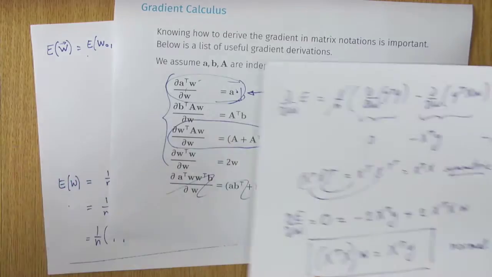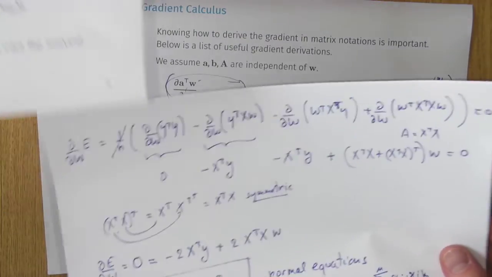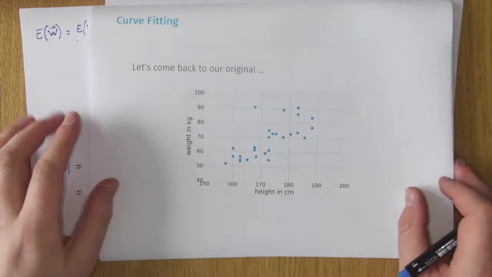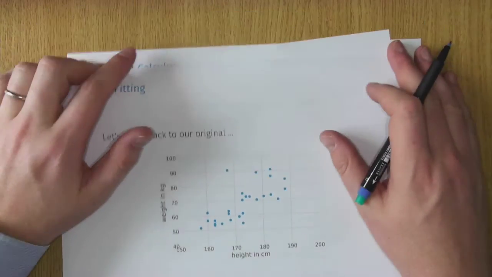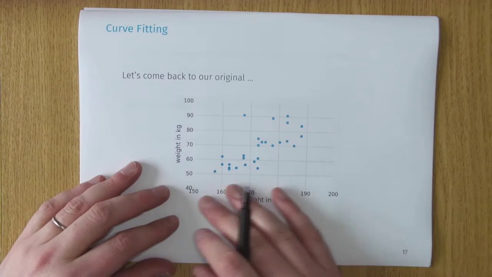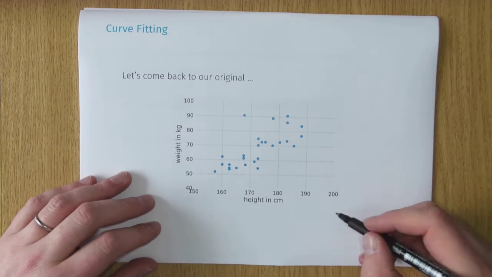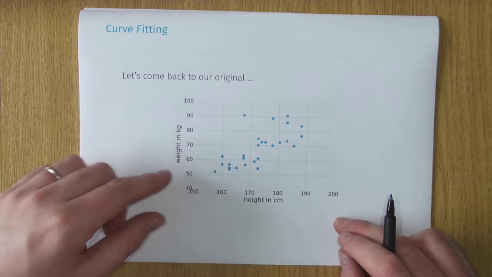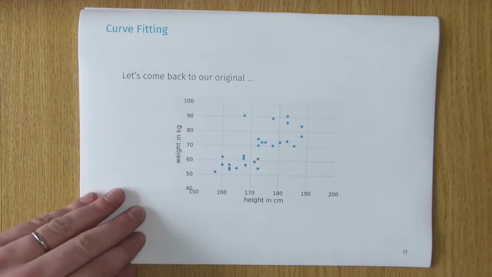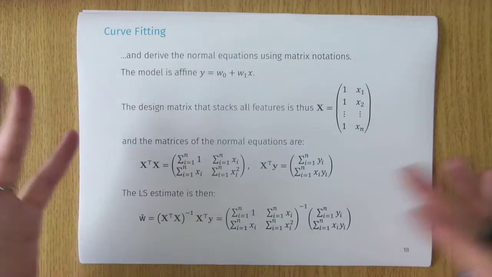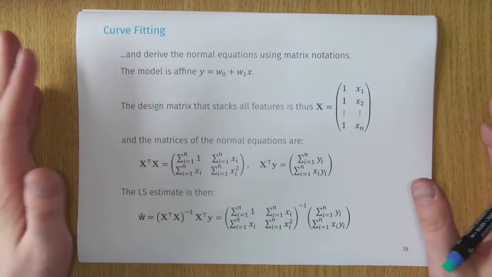Let's have a look now. Let's come back to our problem, coming back to the slides. This was the data, and we had only one feature, which was the height, and the outcome was the weight. So this is how you go about approaching this problem.